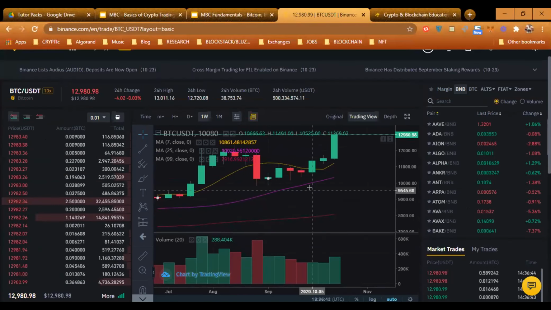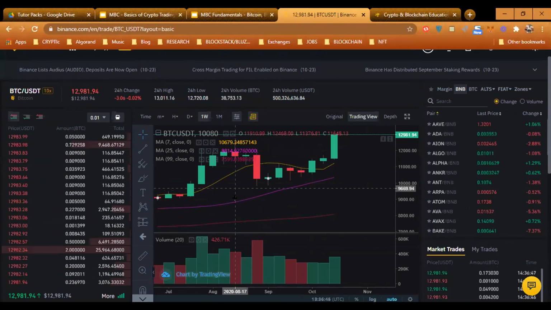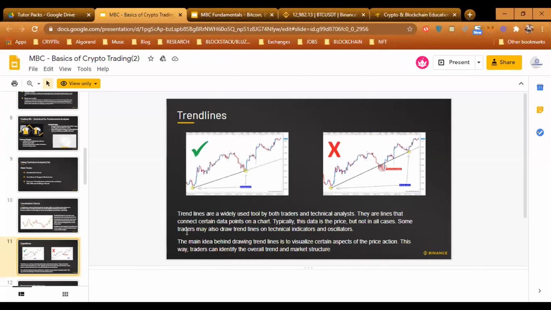Trend lines are used to determine price movements for cryptocurrencies, basically. They are lines that connect certain data points on a chart. Typically, this data is the price, but not in all cases. Some traders may also use trend lines on technical indicators and oscillators.